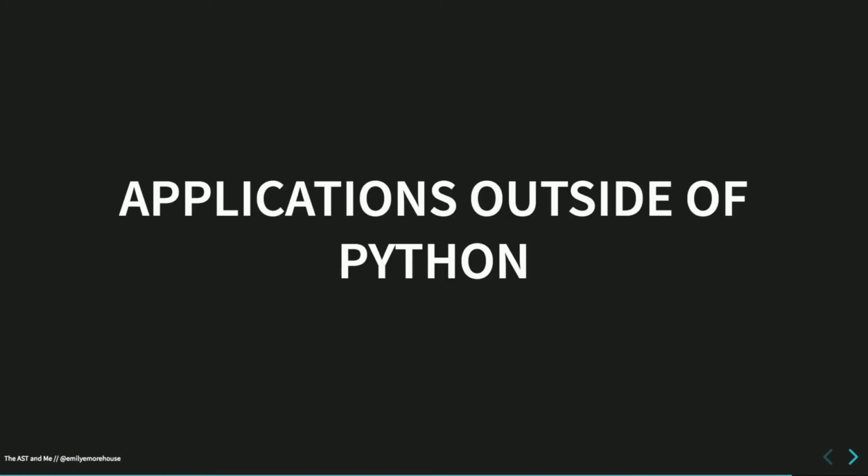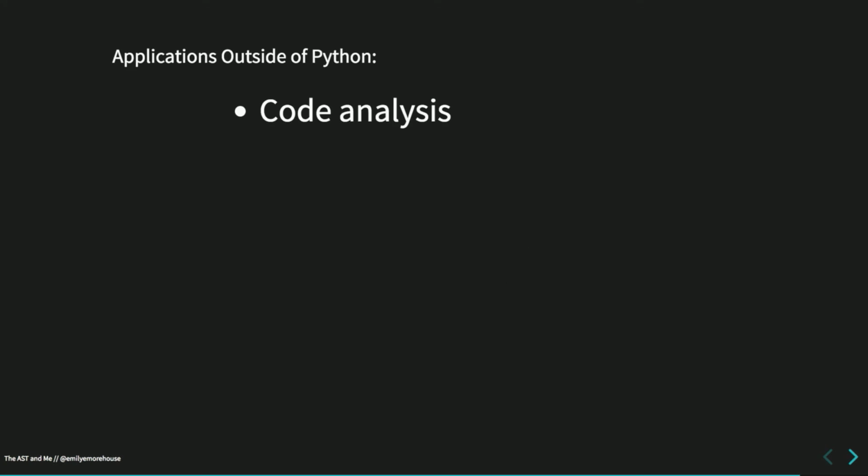So, applications outside of Python. Code analysis: anytime that you are doing any sort of static analysis or code linting on your code, whether that's in a text editor or a grunt command or gulp command that you're running, all of this is using an AST.